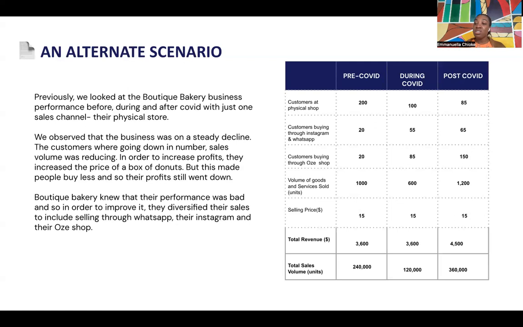And now let's even look at their performance post-COVID, where they lost more people coming to the physical shop. And what happens here is that some of these other sales channels are giving them a more enjoyable customer experience.